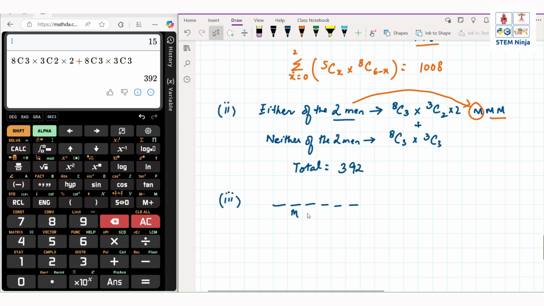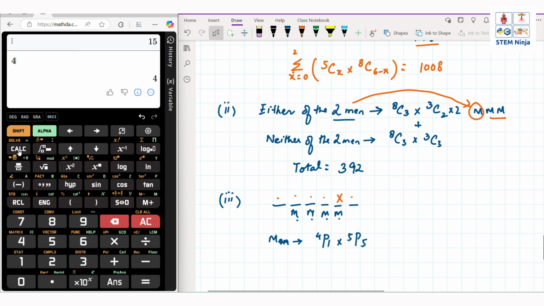So the man can be in these places, but not at the end. So for the man, it's 4P1, 4 places, but 1 man. But once it is selected, we have 5 places left for the women. So 5P5.